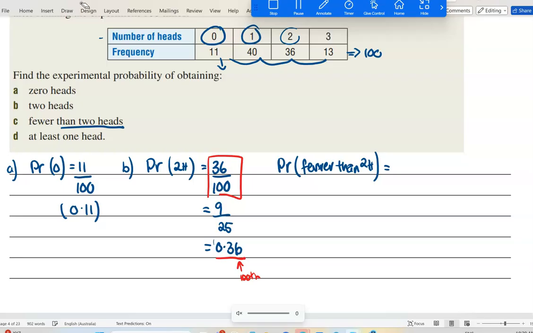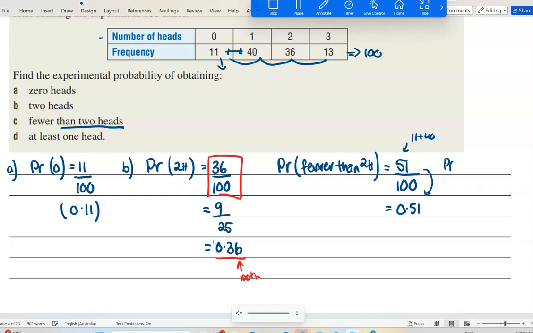Would you agree? Yeah. So if I add those 2 together, that would be 51 out of 100. Or we could do that as a decimal. Either answer is fine.